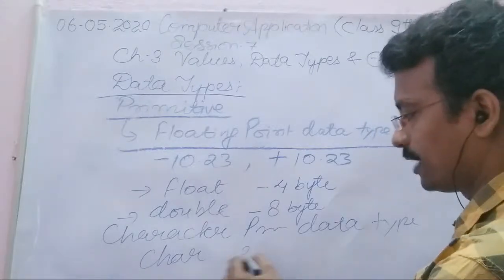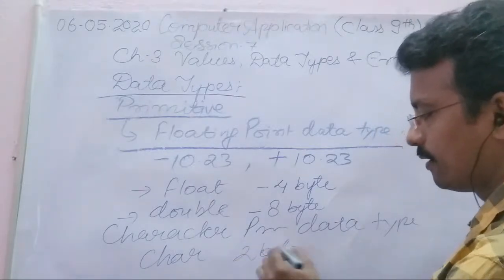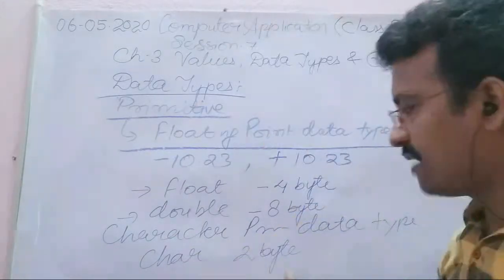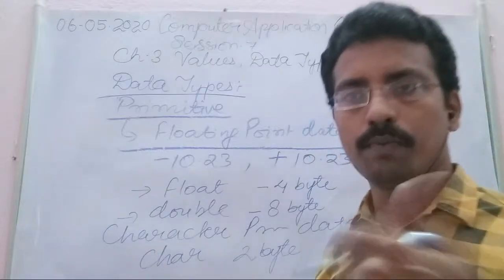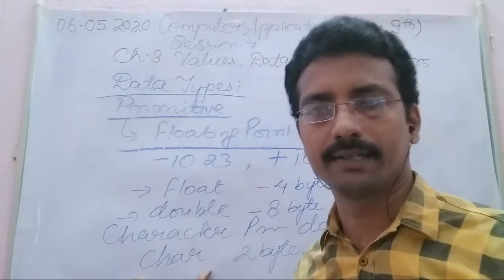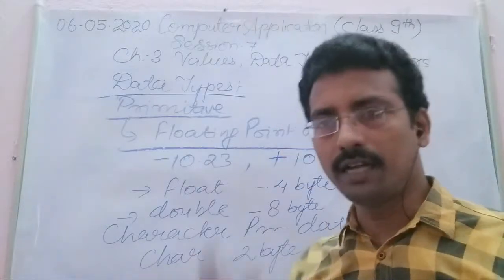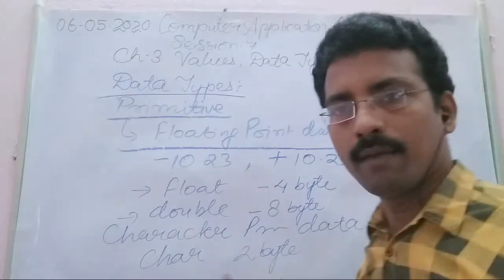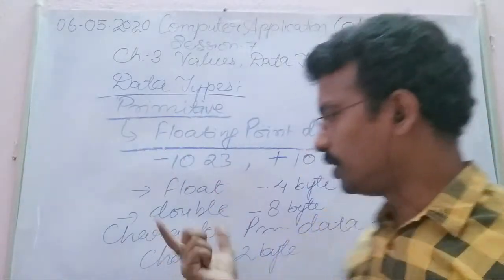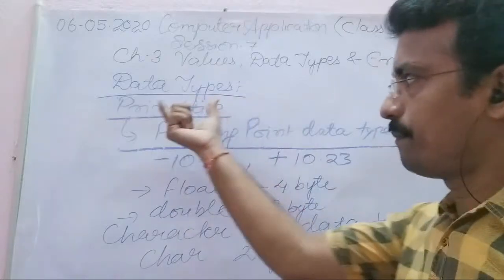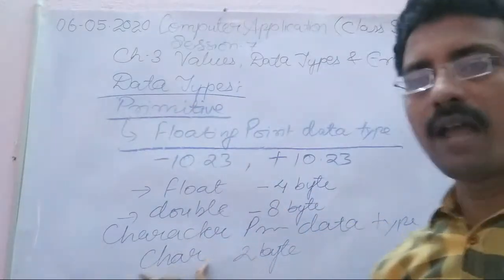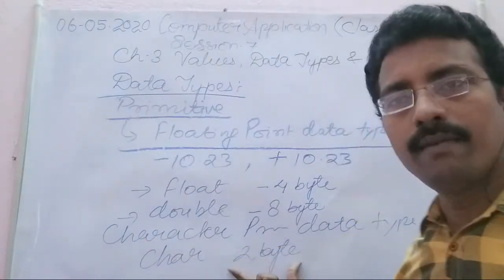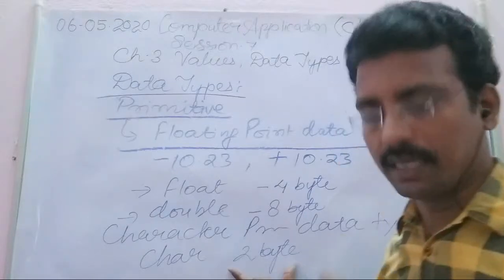It utilizes 2 bytes of memory space for a variable. Means in the Java environment we use char, and it uses 2 bytes of memory space per character. Got it? Char represents one character that is written in single inverted commas. So it takes 2 bytes of space in memory.